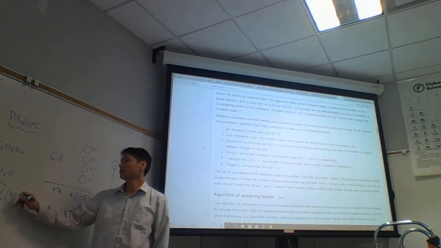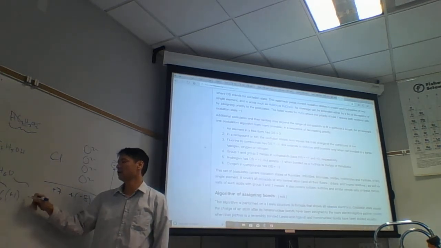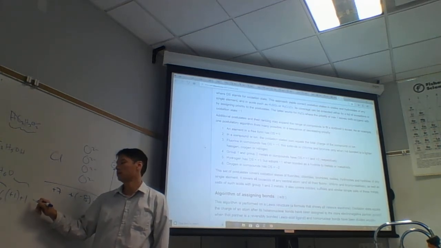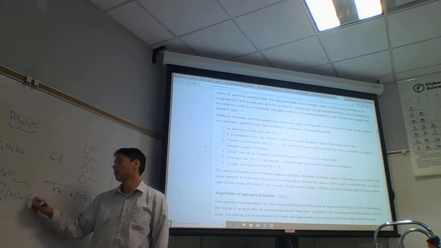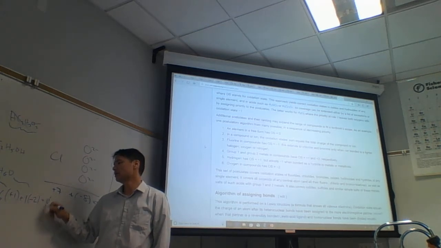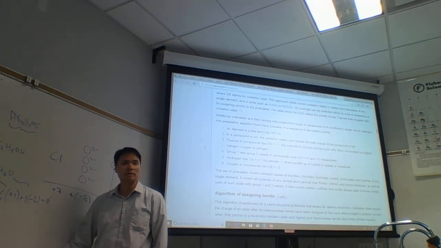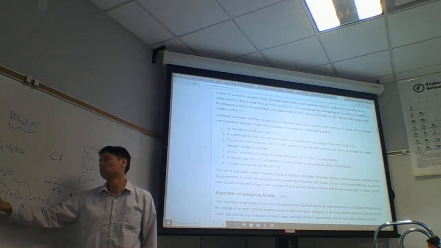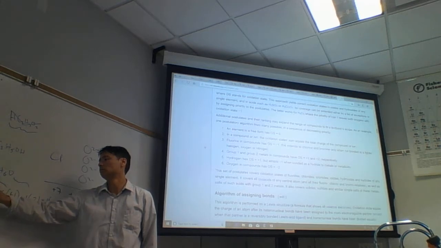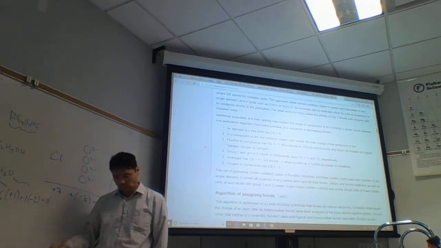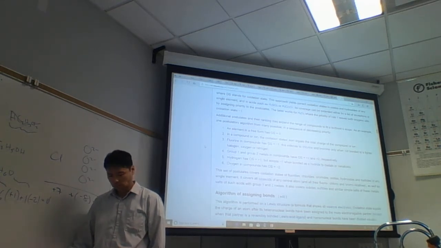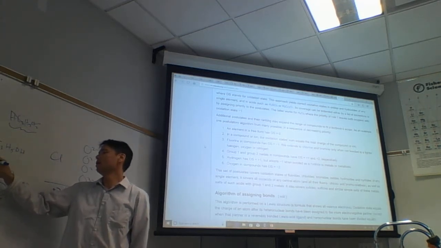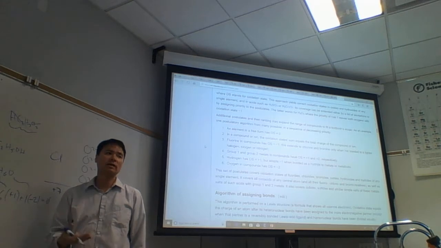And so this is going to be +1. Oxygen should be at -2. And so this is the equation. This has to equal the net charge of 0, which means carbon is what? Yeah, -2. That means each carbon atom has a charge of -2.